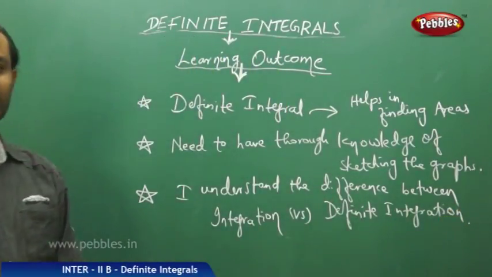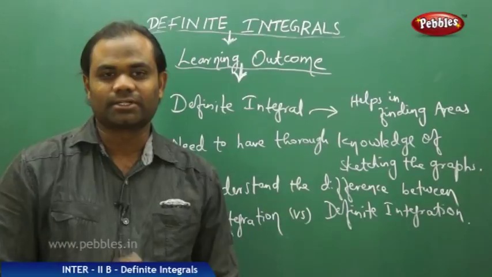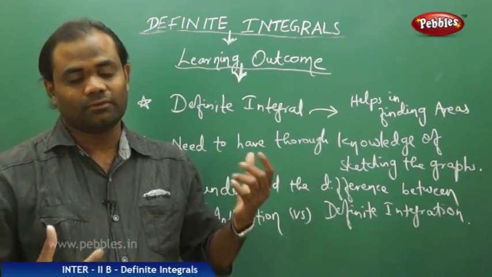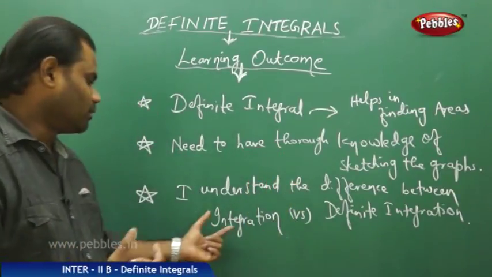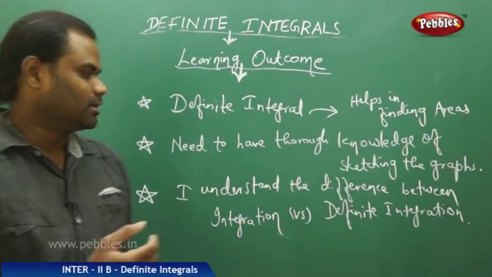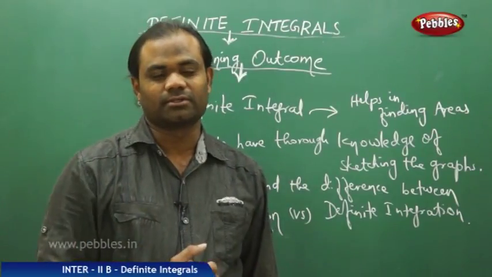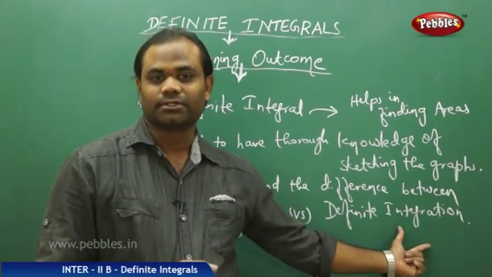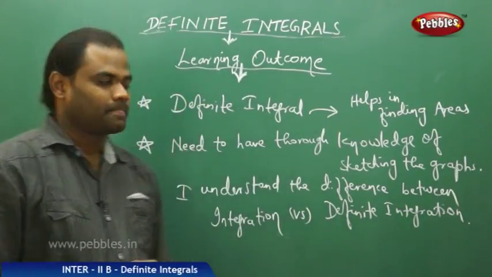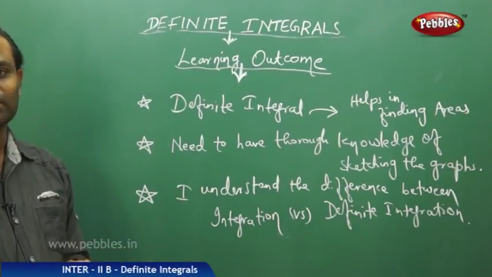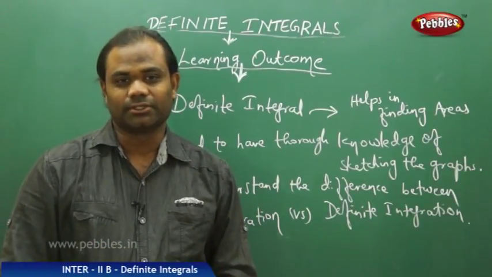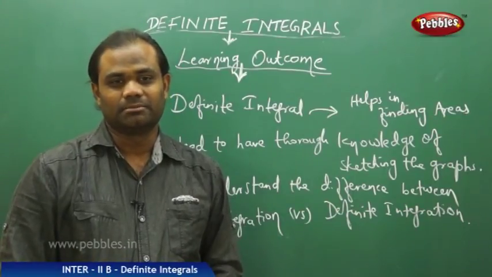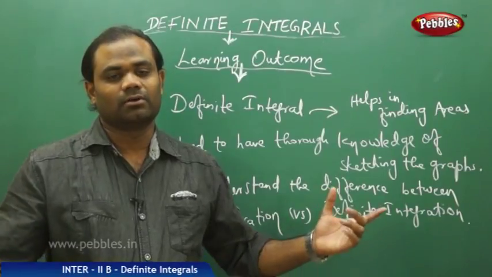I understand that integration has an integral constant c. That means it can accept any c. So different answers are obtained for the integration which we solve. But definite integration is a fixed constant, does not change. This changes with c. This does not change with c. This is how we come to the learning outcome in the topic of definite integral. Definite integration is part of integration which helps us in finding the areas bounded between two lines.